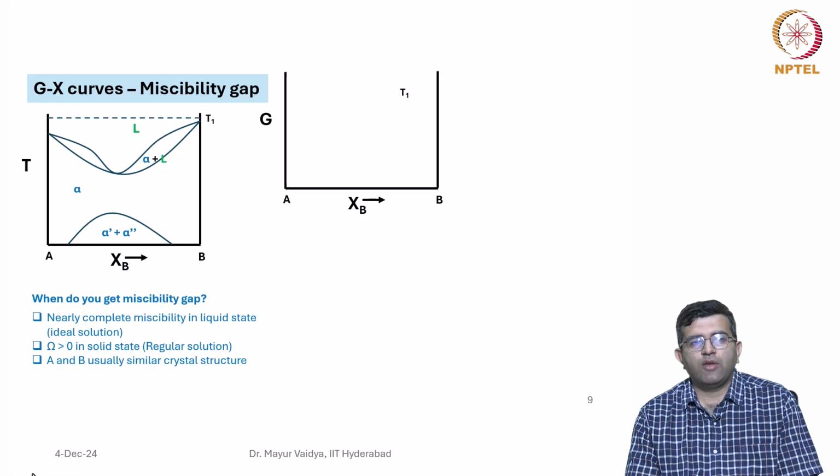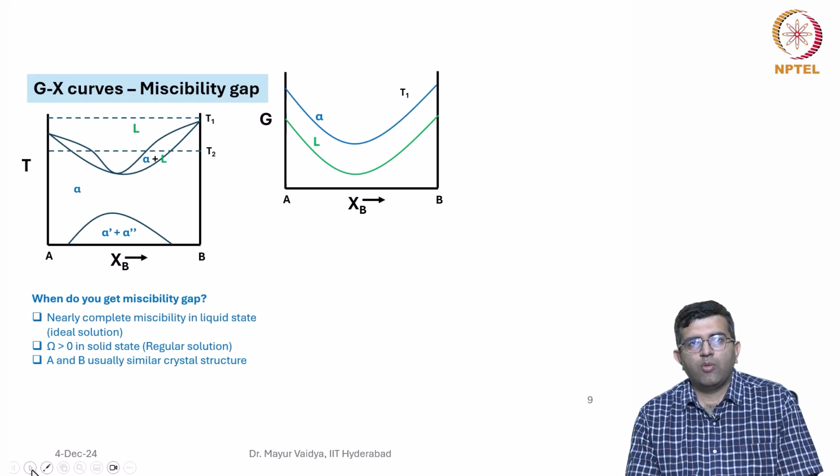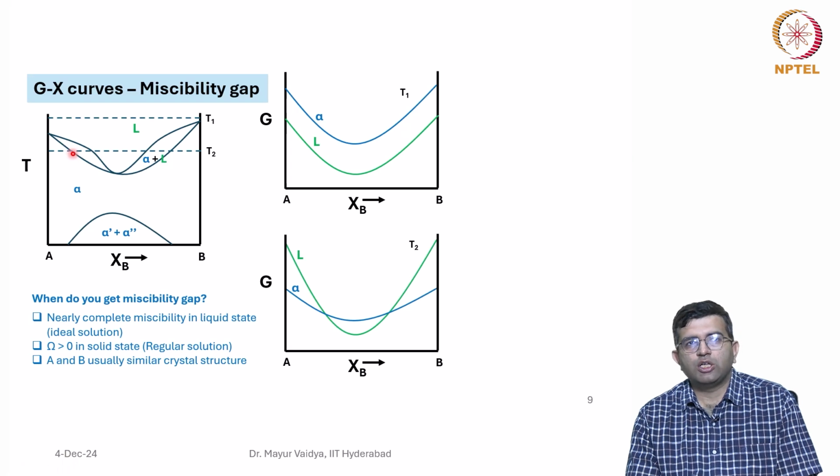Here, if you want to try at T1, it is simple. You have liquid, and then alpha is at all the compositions above the liquid in the free energy curve. Drawing at T2 is an interesting exercise for you. You should be able to see the two-phase regions. Here you see that there is a two-phase region here, and also a two-phase region here.